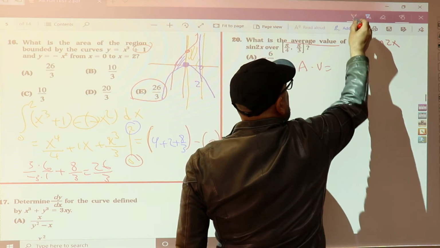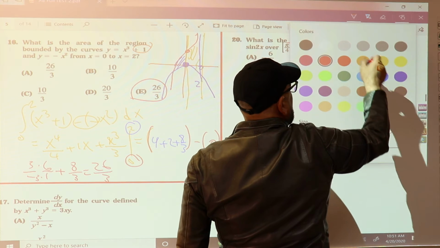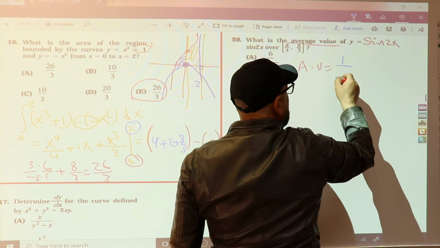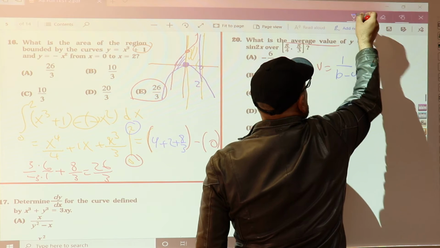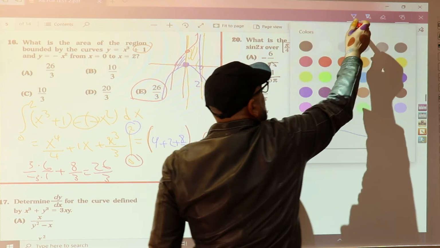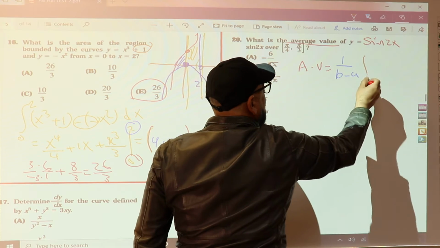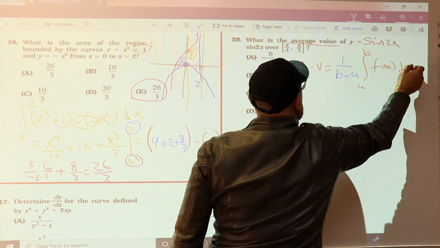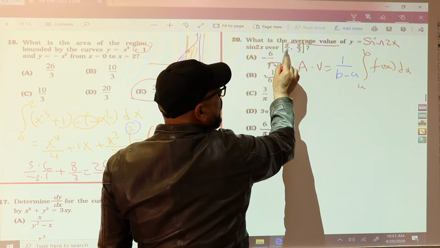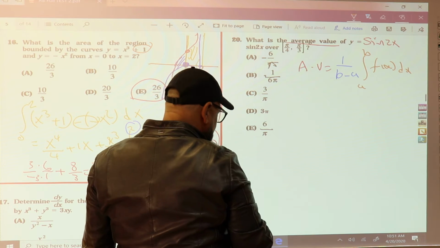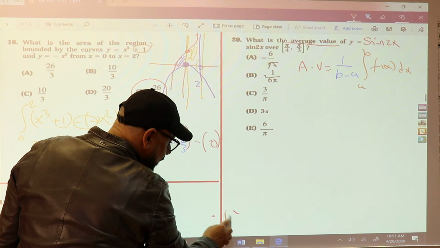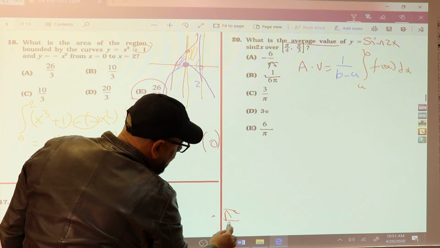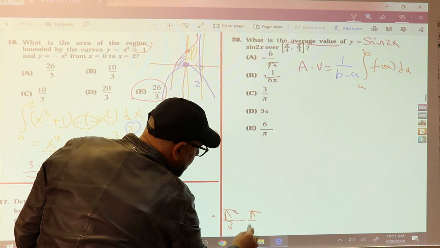I'm going to use 1 over b minus a, integration from a to b of f of x dx, on any interval. My interval is pi over 4 and pi over 3. Then on the side here, I'm going to do pi over 3 minus pi over 4.